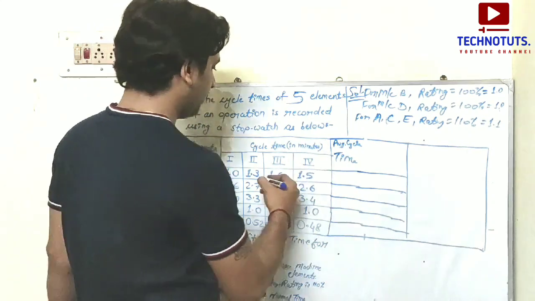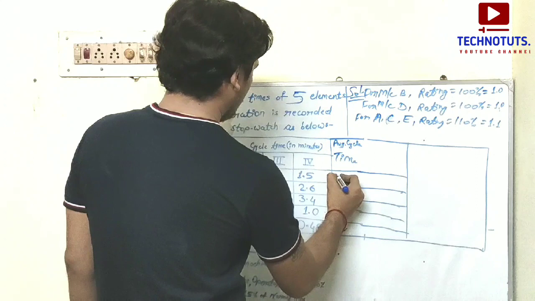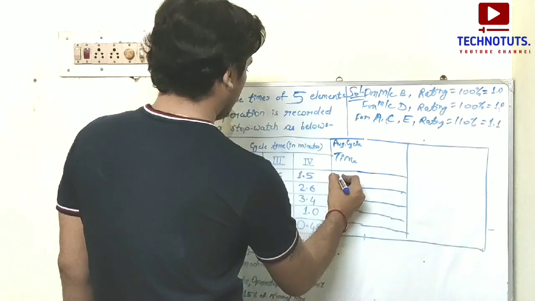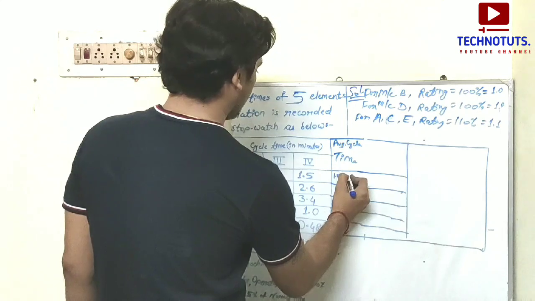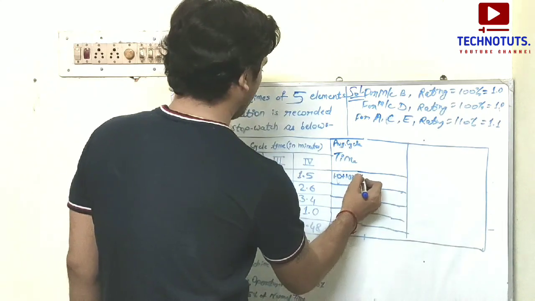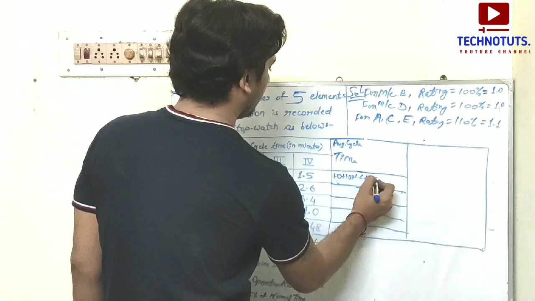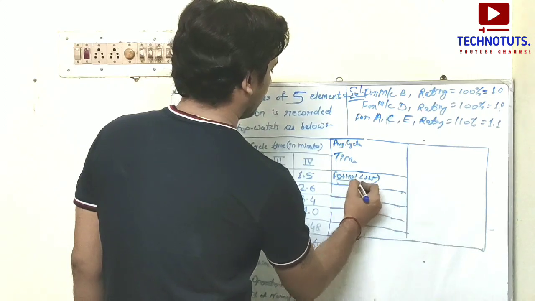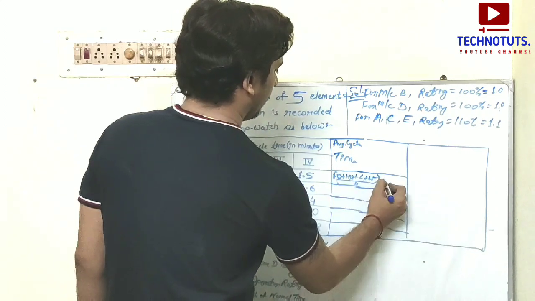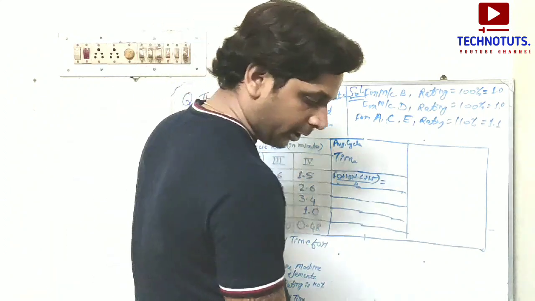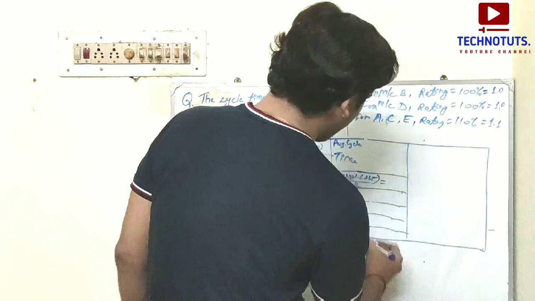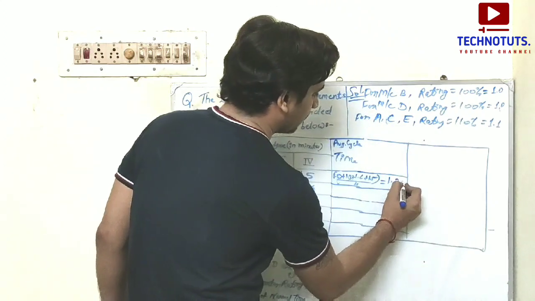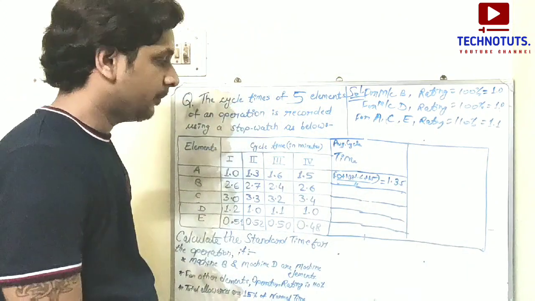Let us do it. Here it will be 1.0 plus 1.3 plus 1.6 plus 1.5 divided by 4, which is equal to 1.35.